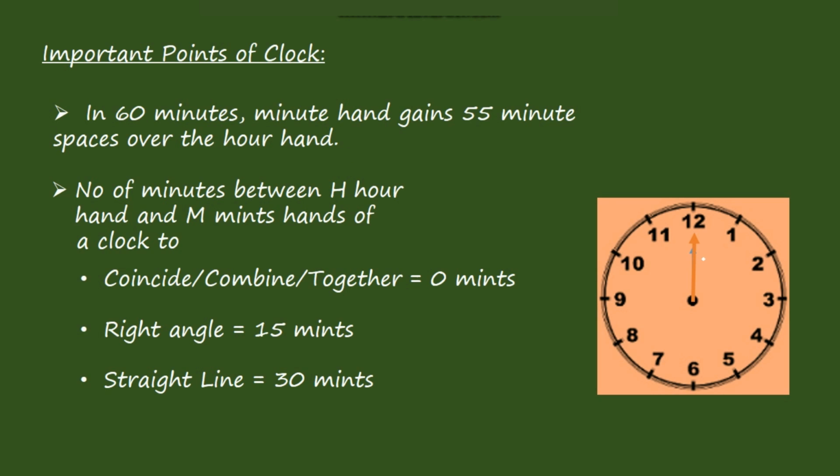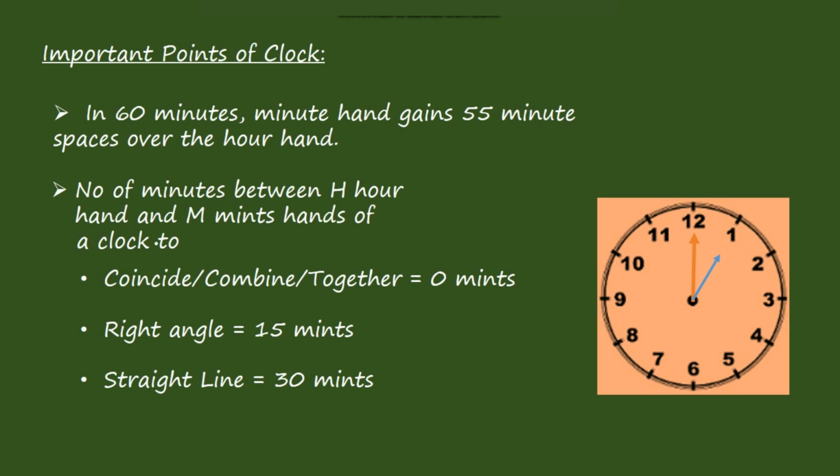If you consider the minutes hand and hour hand, both of them are at 12, and the minutes hand starts rotating from 12 to 12, then the hour hand will be moving from 12 to 1. In 1 hour, 5 minutes are taken by the hour hand. Therefore in 60 minutes it gains only 55 minutes, and the other 5 minutes are taken by 1 hour. So in 60 minutes the minutes hand gains only 55 minutes.